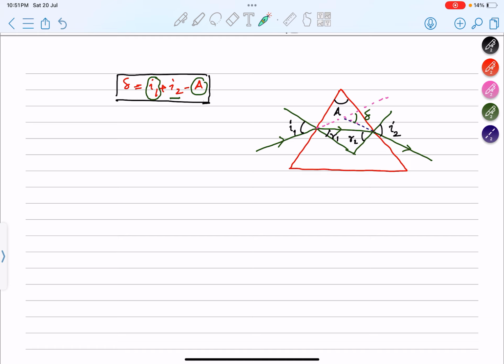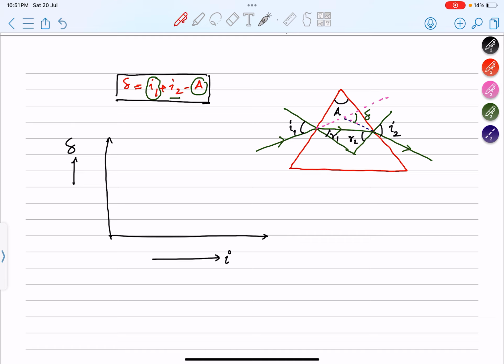with different angles of incidence. We see that the angle of deviation actually first decreases. Let us draw a graph of delta versus I. Suppose this is delta presented along the y-axis, and this is I presented along the x-axis.